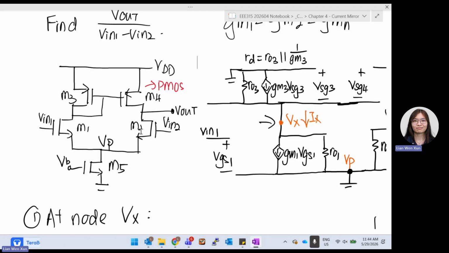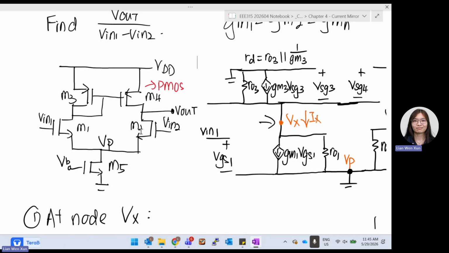If you want to model M3 as a resistor, we can just call it RD, let's say. We take this whole part and call it RD. We will discover what RD is later, that's fine. But if you can see on the board, RD equals R0 3 parallel with 1 over GM3.